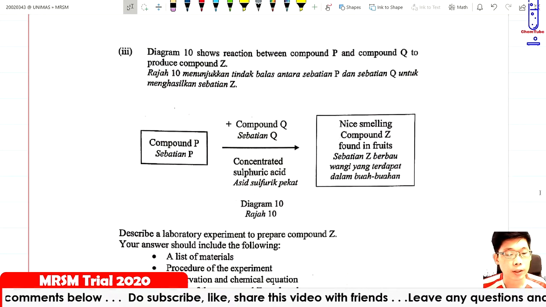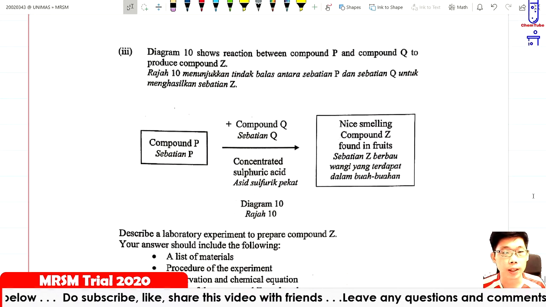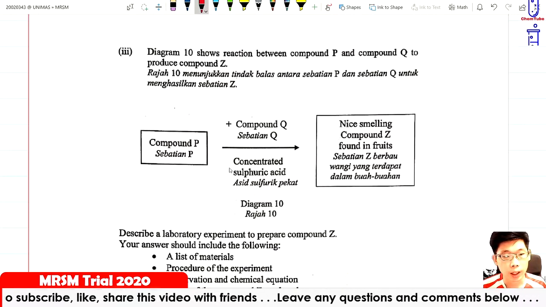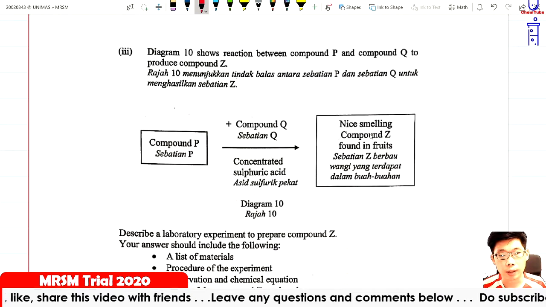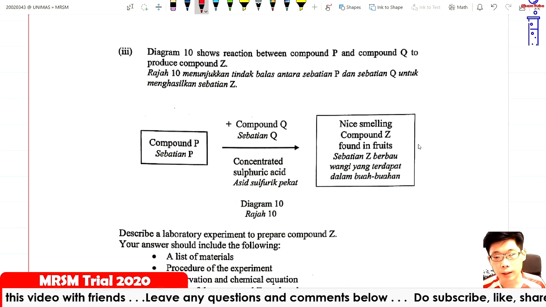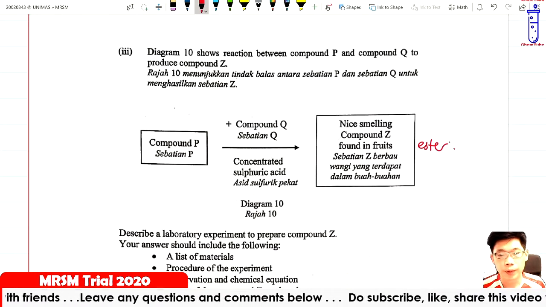Now diagram 10 shows the reaction between the compound P and Q to produce the compound Z. So just now we chose compound P as ethanol and compound Q as ethanoic acid. When compound P reacts with Q with concentrated sulfuric acid, it will form the nice smelling compound Z found in fruits. So actually we know this is an ester.